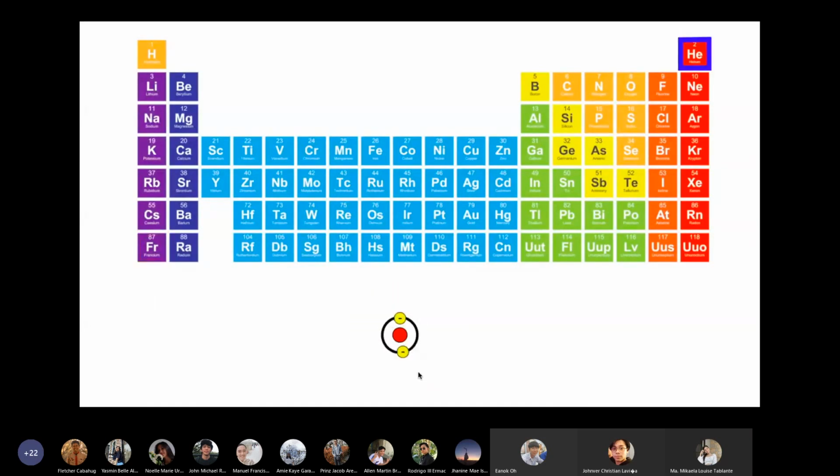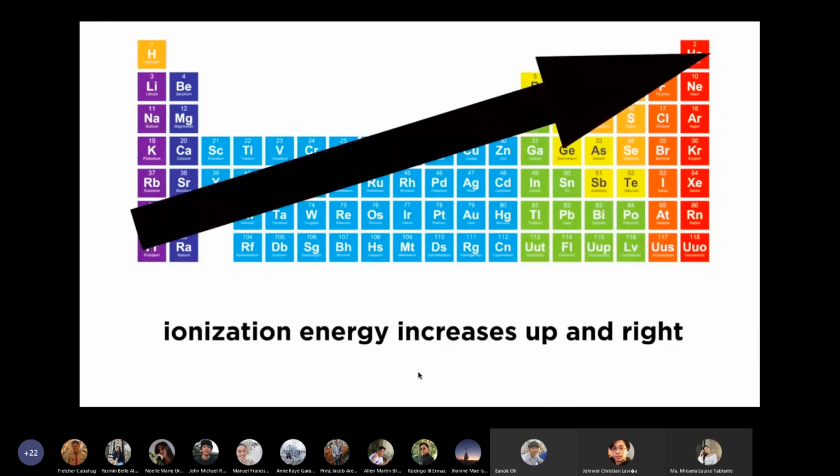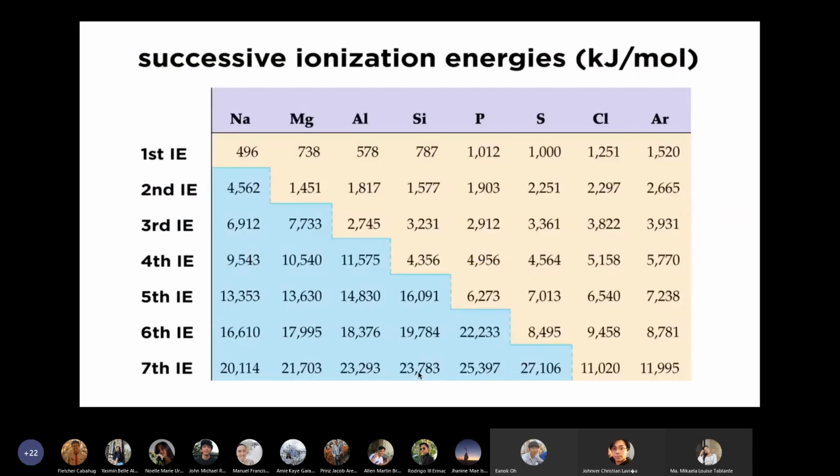Looking at the opposite corner with helium, there is only one shell, so the electrons are very close to the nucleus, and the shell is full, so it is very stable. For this reason, it requires much more energy to ionize helium. So the ionization energy increases going this way on the periodic table. Elements can have successive ionization energies for removing more than one electron.